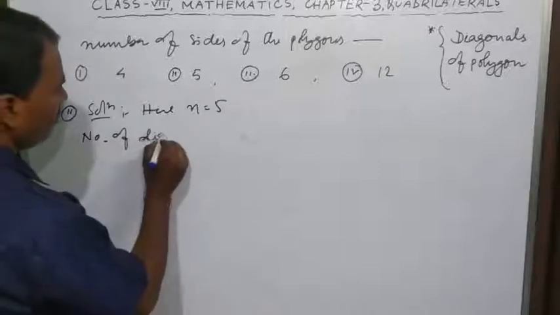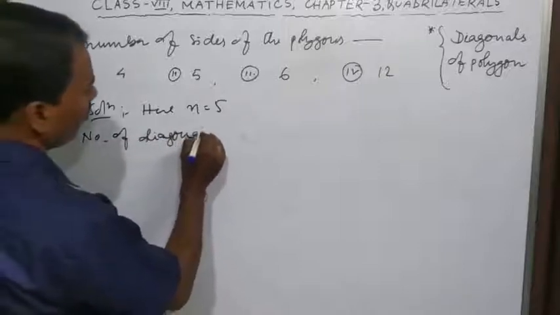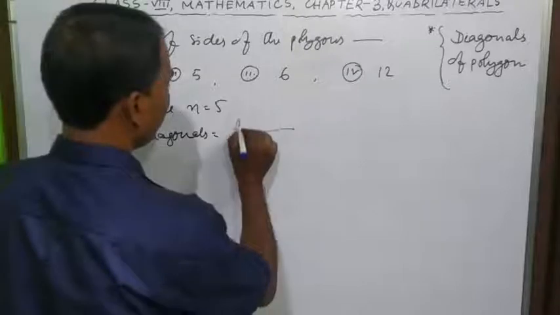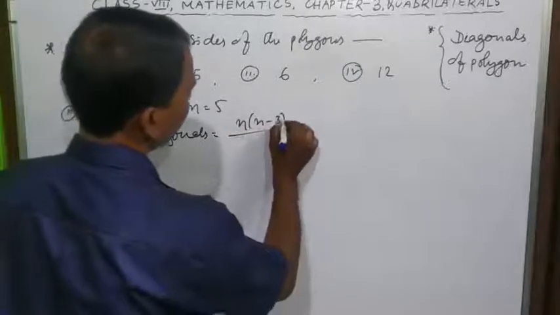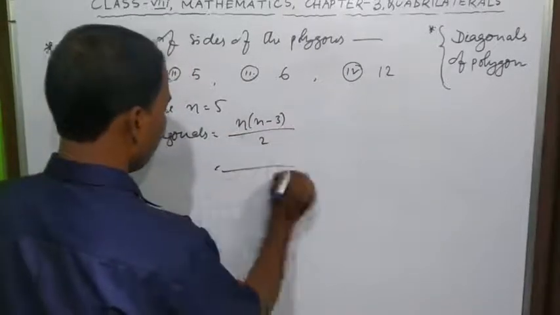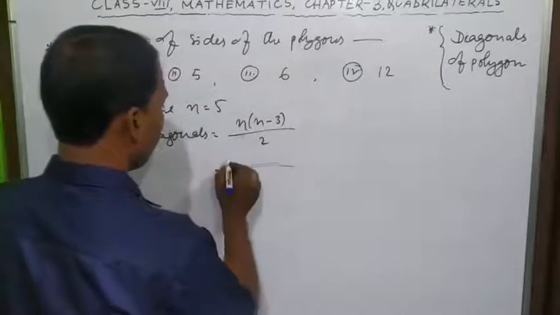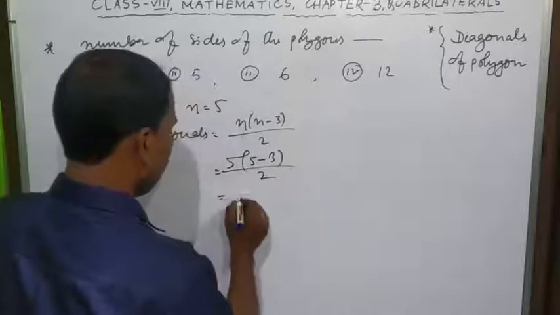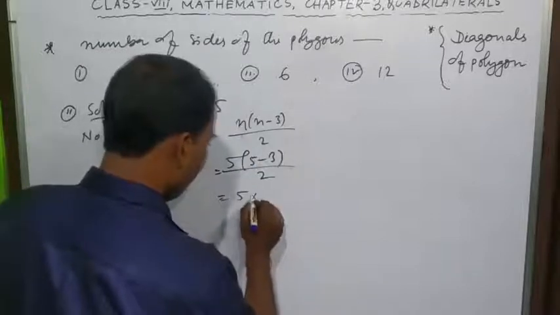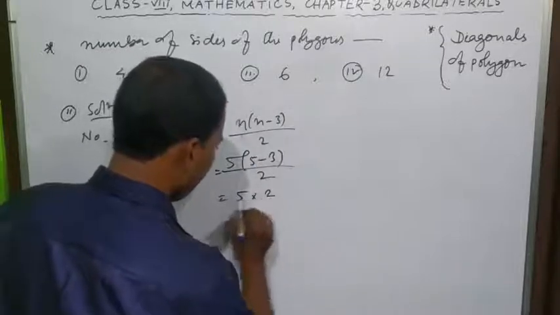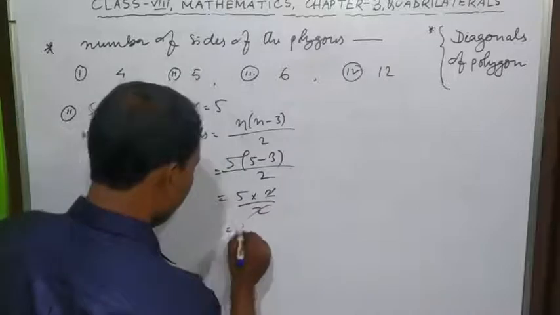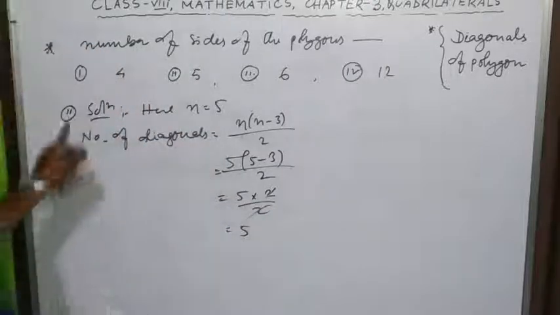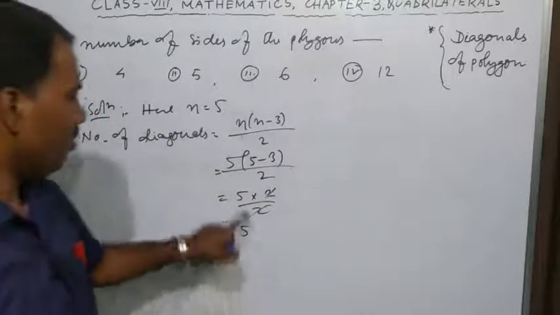Number of diagonals is equal to n into n minus 3 by 2. What's the value of n? Value of n is 5. Then 5 minus 3 by 2. You see 5 here. 5 minus 3 means 2 by 2. The 2s are cancelled, leaving 5. The polygon with 5 sides has 5 diagonals.